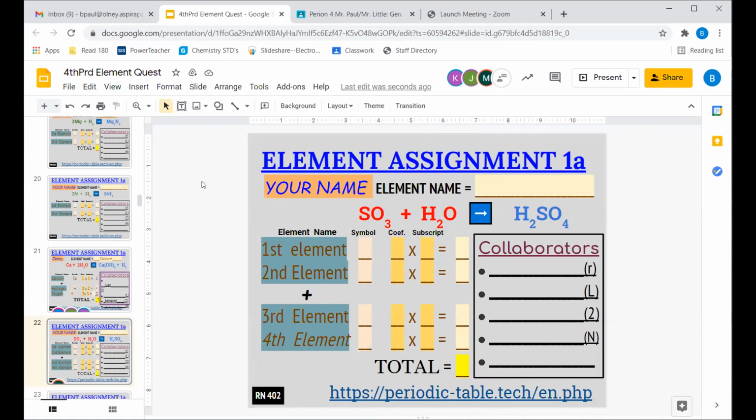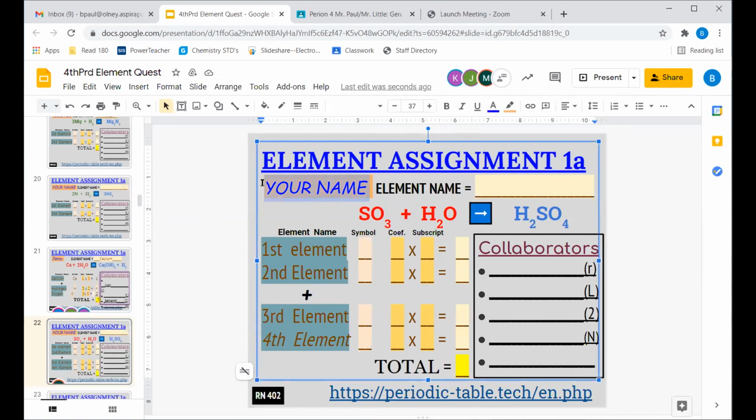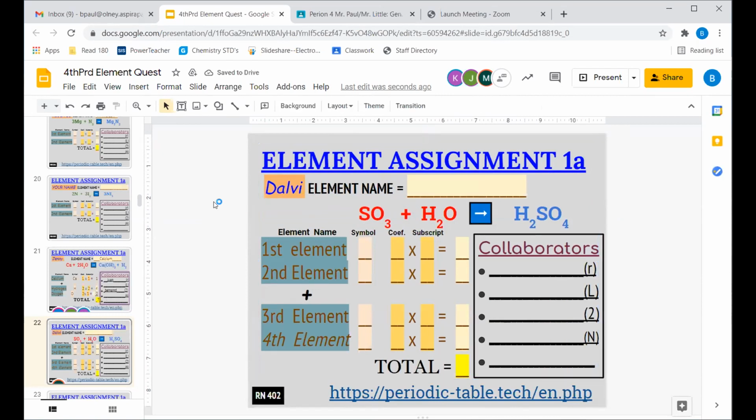Dalvi, I have nominated you to be the lead. You there? Dalvi? I'll help with the typing, guys, so this will go real fast. Dalvi, please respond to me.